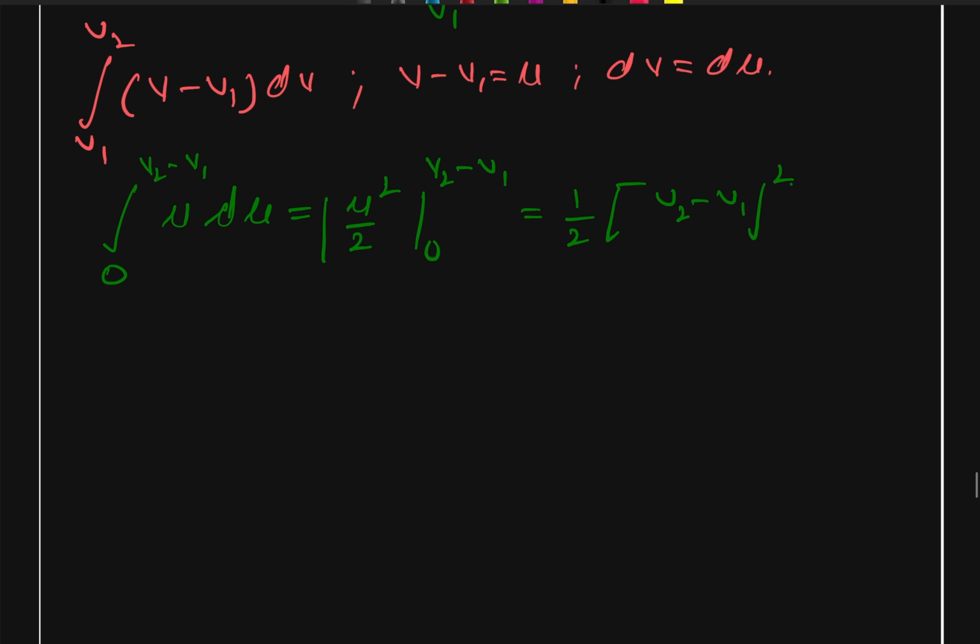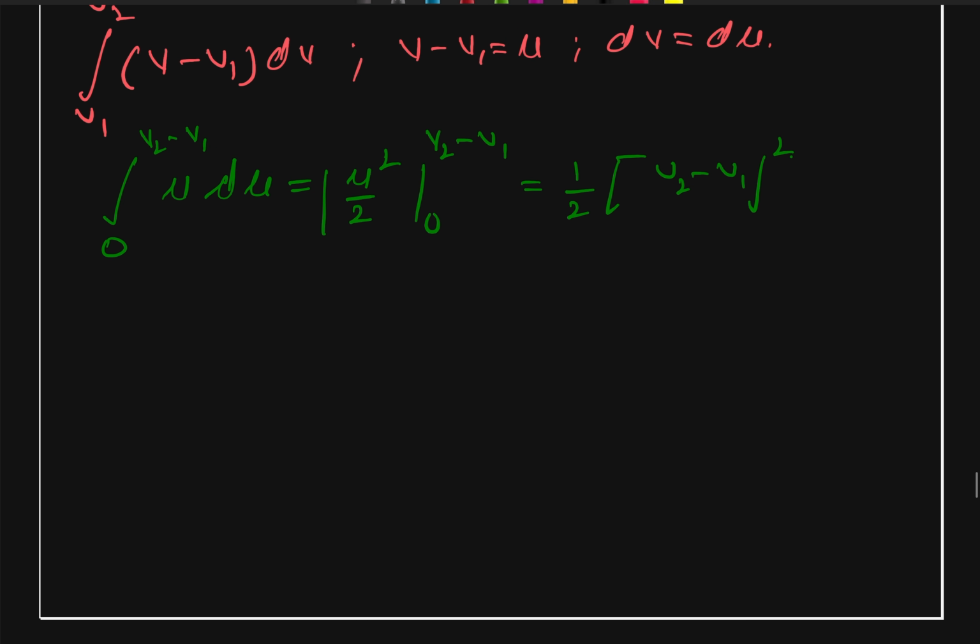So therefore work done will be equal to P1 (V2 minus V1) plus K prime upon 2 times (V2 minus V1) whole square.